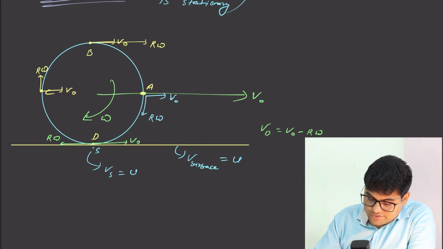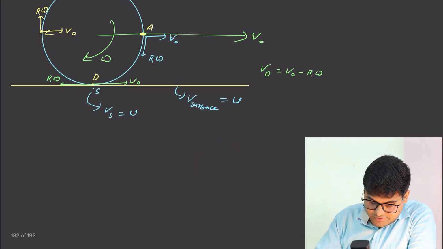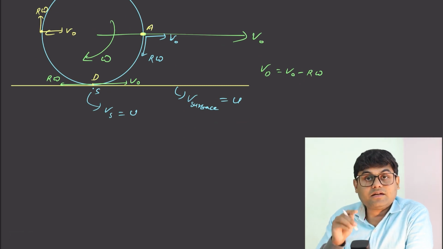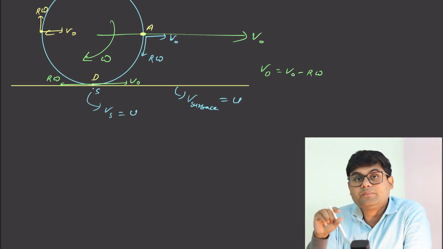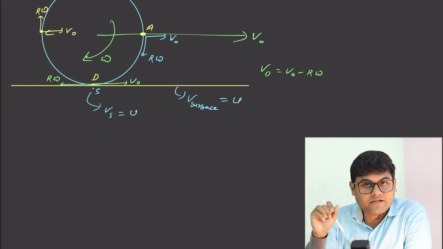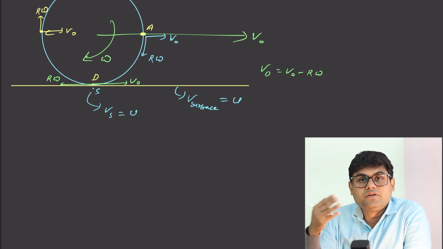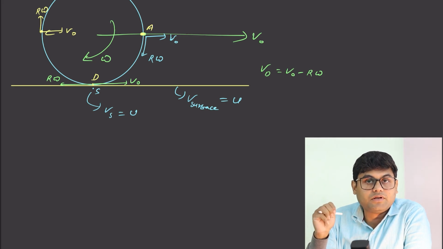Okay, so now the condition of pure rolling will be what? The condition of pure rolling is that there will always be no relative motion. This is the fundamental statement, and it is valid everywhere when you are solving problems related to pure rolling.